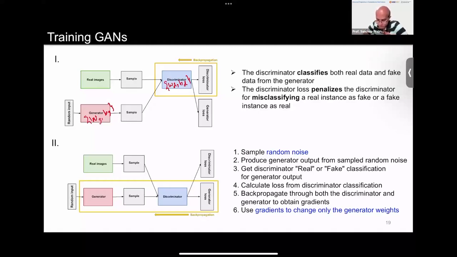But we have real images with us. When we say real images, these are images from the training data. You take a sample, you have a batch of the sample. We know the labels of the training data, which are of course real. Now you also sample the output of the generator by fixing the weights of the generator in iteration 1.